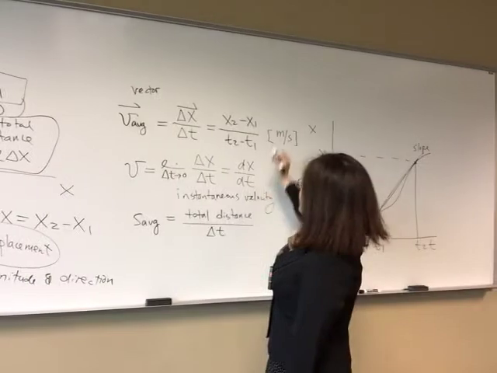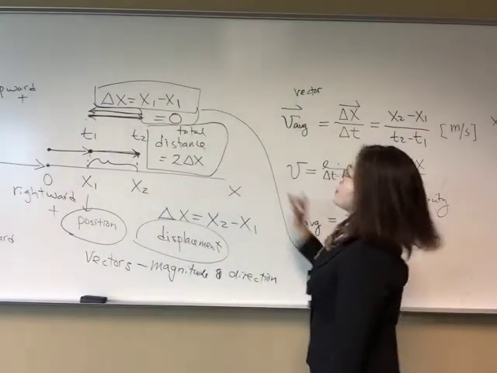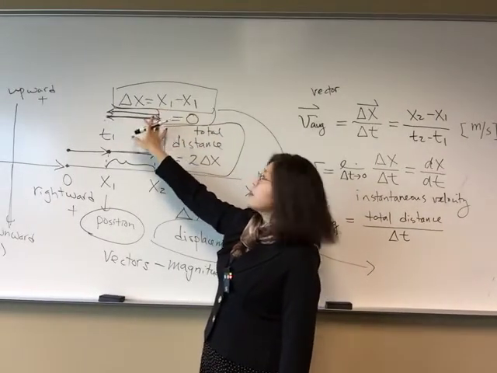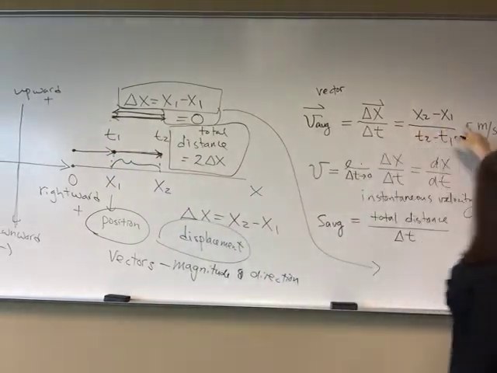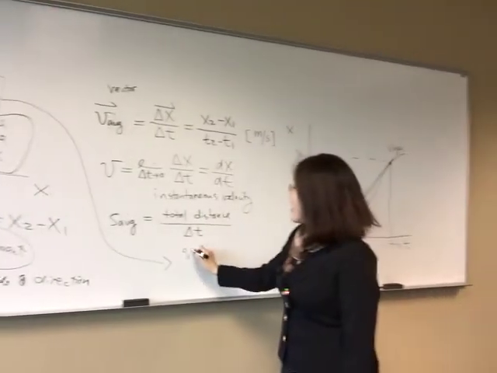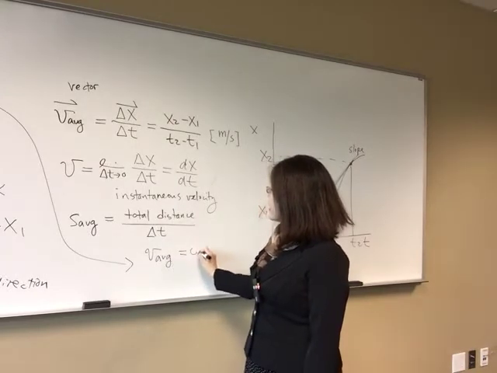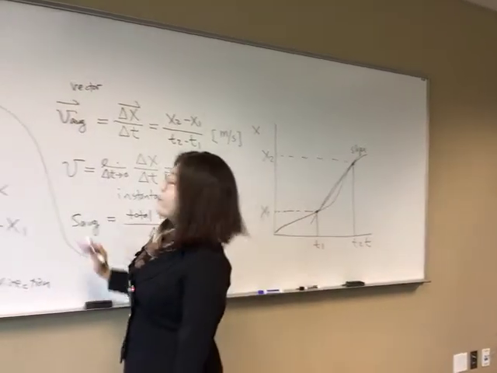So the average velocity in this case, as we already showed, your delta x is actually 0 because you're going back to the original starting place. So if your delta x is equal to 0, that means your average velocity is actually 0 because you have 0 displacement. What about your average speed?